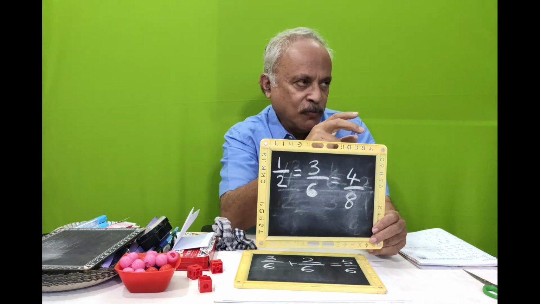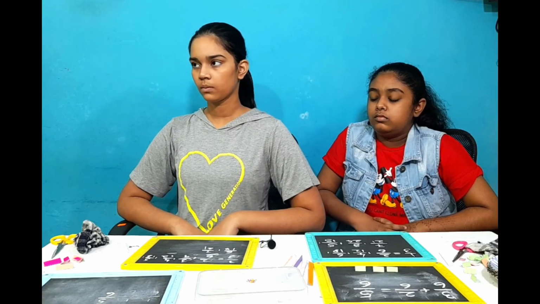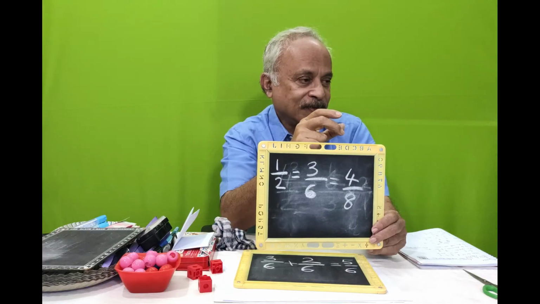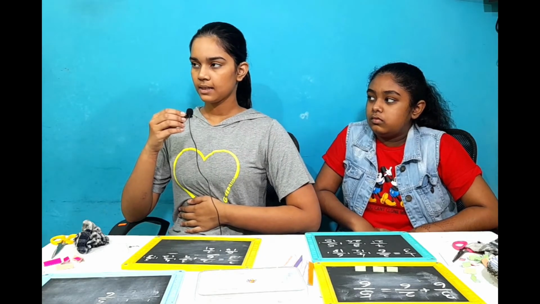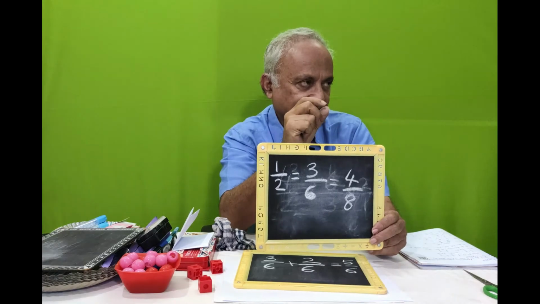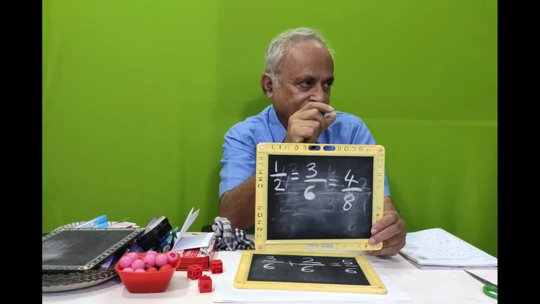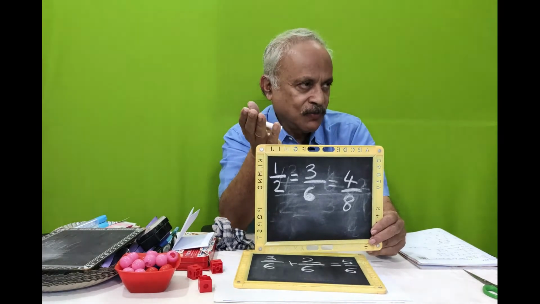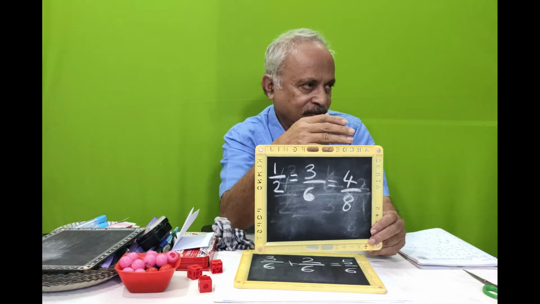But can you make 1 by 3 and 1 by 2 with pieces of the same size? What are those pieces? 3 by 6 and 2 by 6. Yeah, so the pieces are 1 by 6. So if I take pieces of 1 by 6, I can make 1 by 2 as well as I can make 1 by 3.